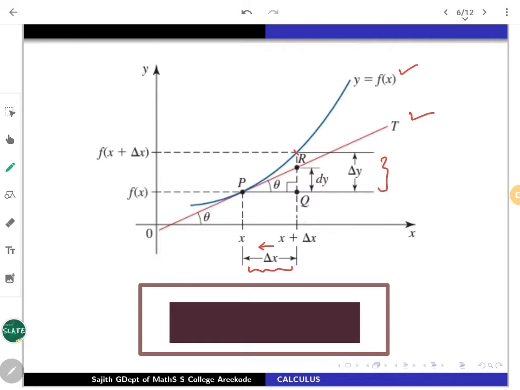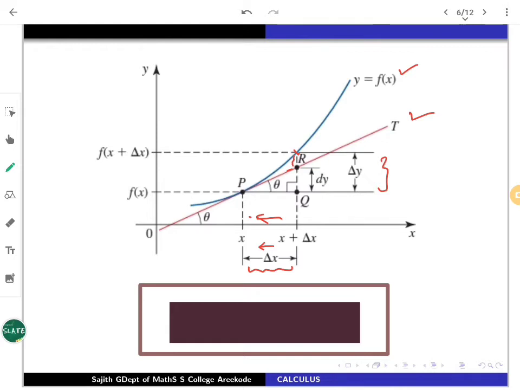Whenever you make delta x small enough, this part merges with that idea. So that will be negligible, and it goes towards x. So one can take an approximation like that.